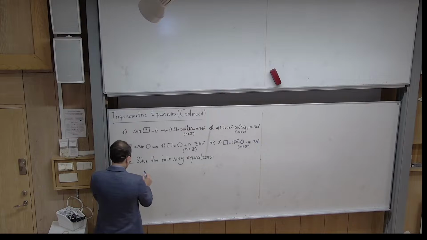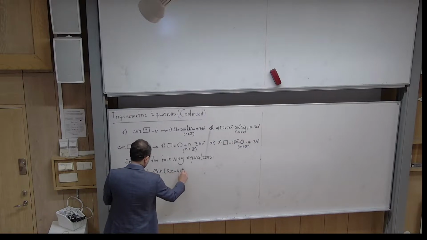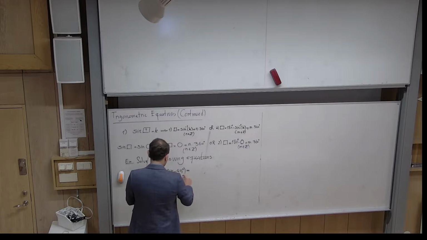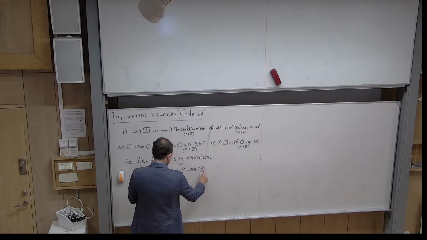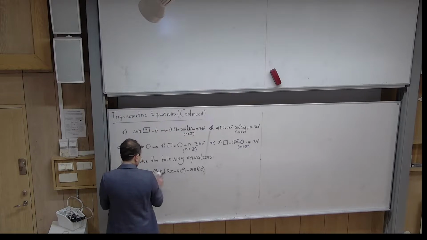Number one, for example, I would say sine of 2x minus 45 degrees is equal to sine of 3x. Let me make this 3x and that 2x.